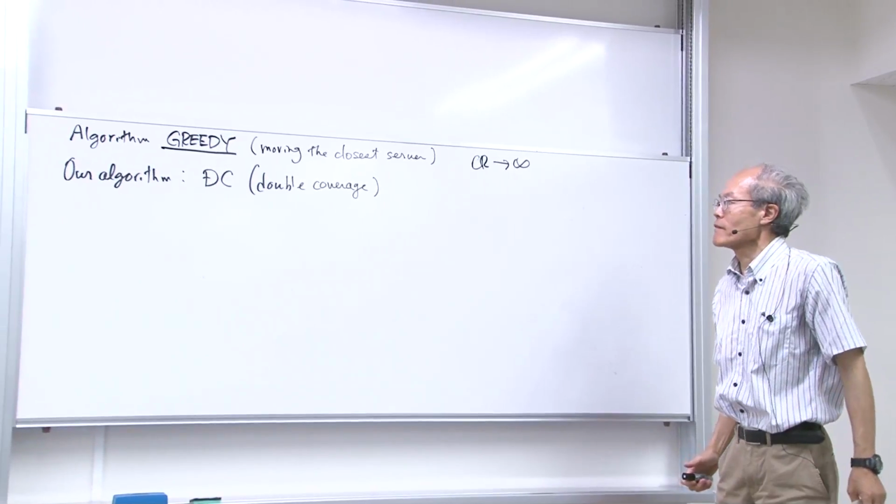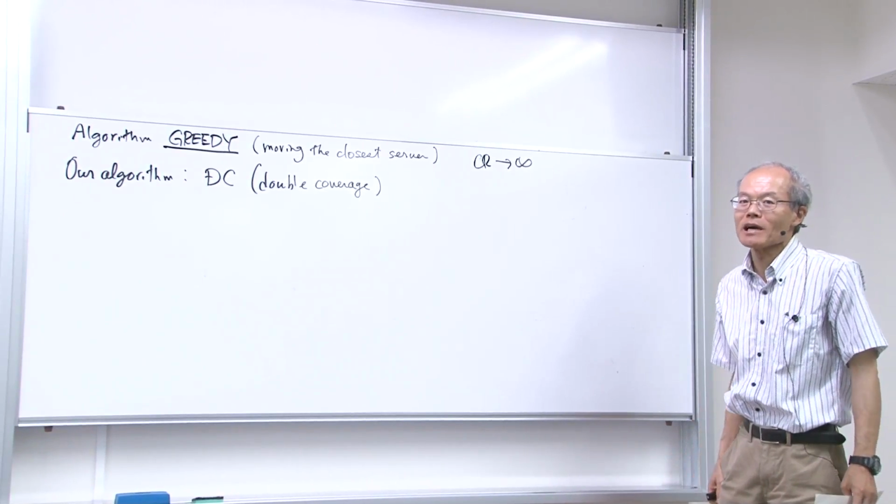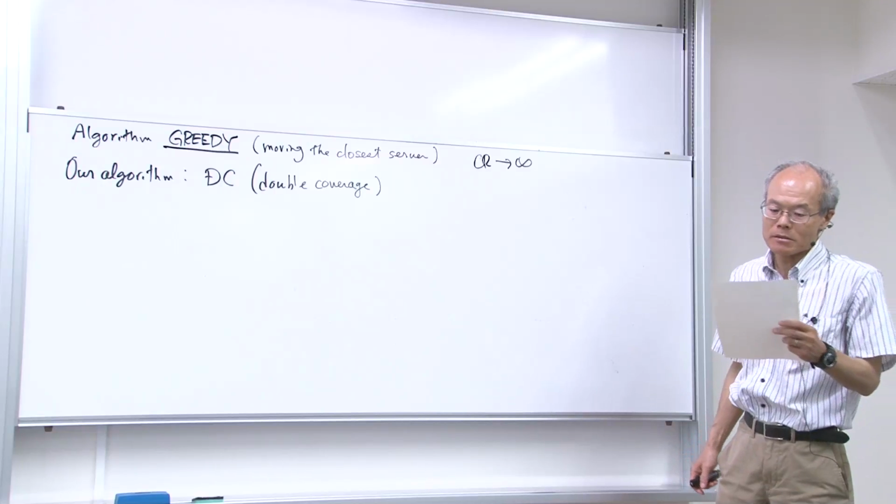DC stands for double coverage. Why it's called double coverage, I'll show you in a moment. You can see in a moment.